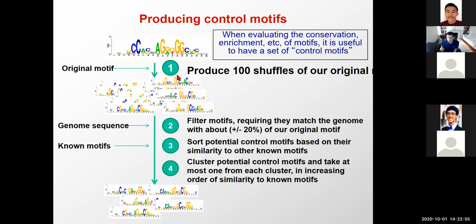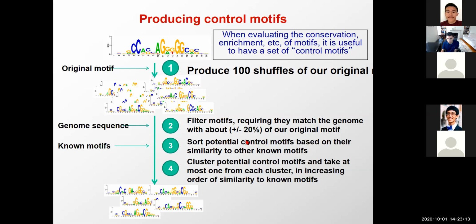Not that they're conserved within 20%, but that they match the genome within the same rough frequency. The reason is we want to avoid places where the shuffle had a very different dinucleotide composition that was excluding it from the genome, and so on and so forth.